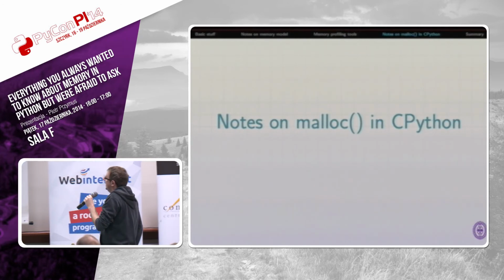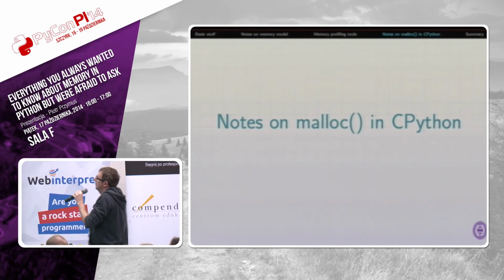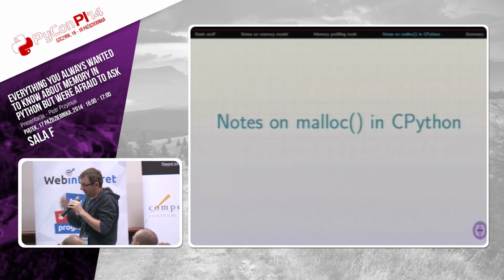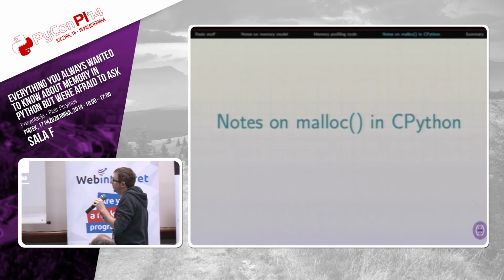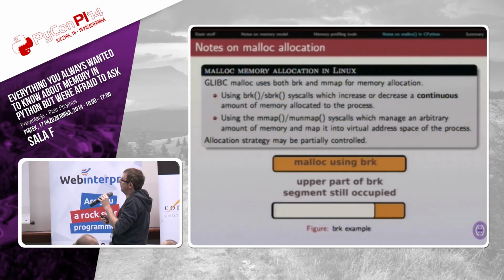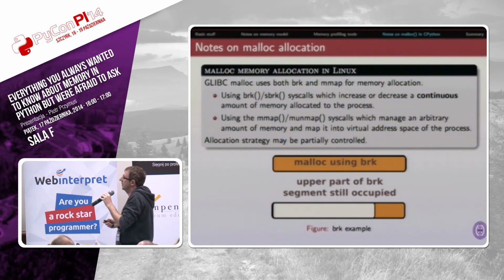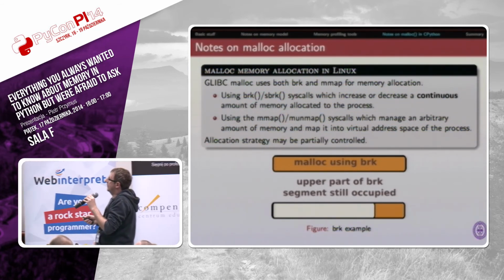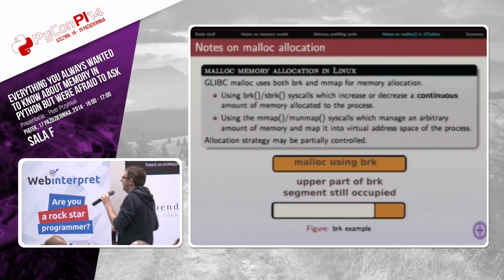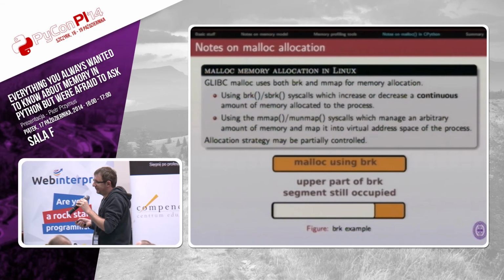Okay, next topic. This is about malloc in CPython. And actually, we will start with something low level and about how malloc works. Malloc has two strategies for allocating new memory.